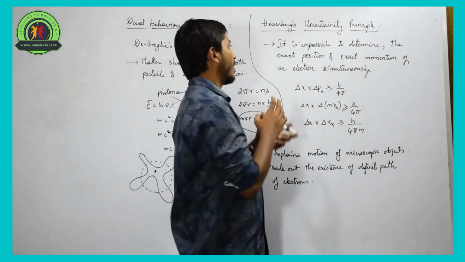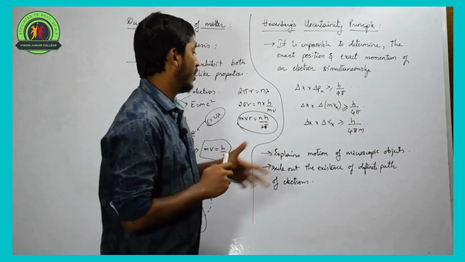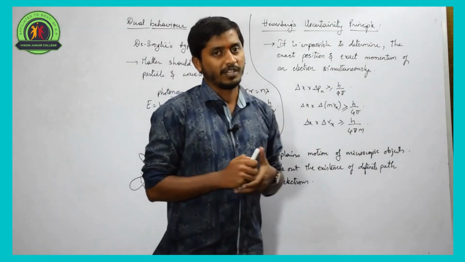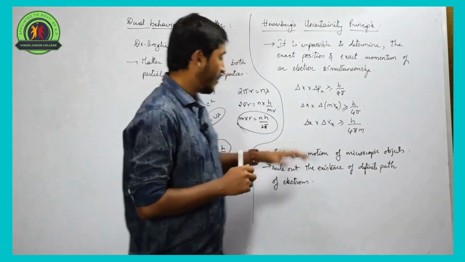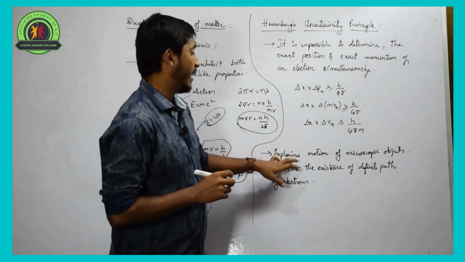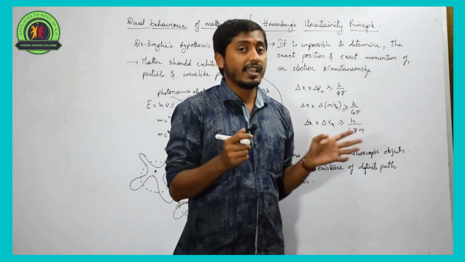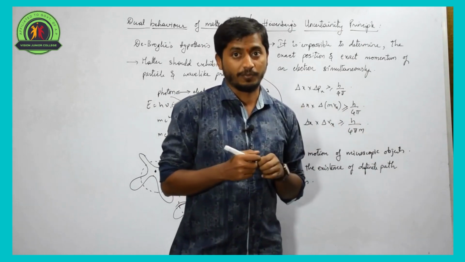From this principle and theory, we can find out the motion of microscopic objects. Is it clear? That is the main significance of the uncertainty principle. He explains the motion of a microscopic object, and this theory is not at all applicable to macroscopic objects.